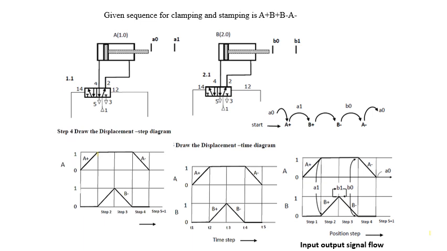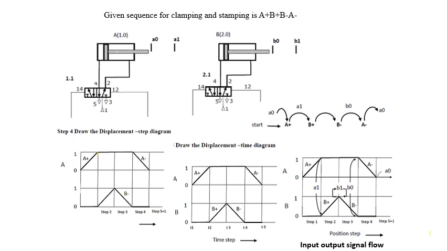To get A plus and A minus we require a cylinder A, and to get B plus and B minus we require a cylinder B. To control these two cylinders we require a main valve, that is a 5/2 pilot operated control valve, with two different valves for the two different cylinders.